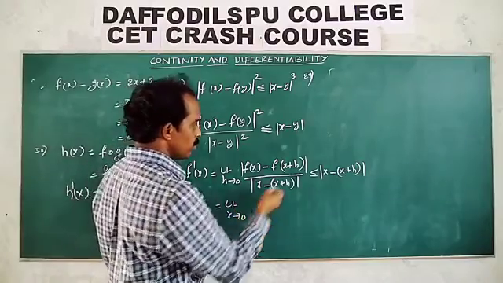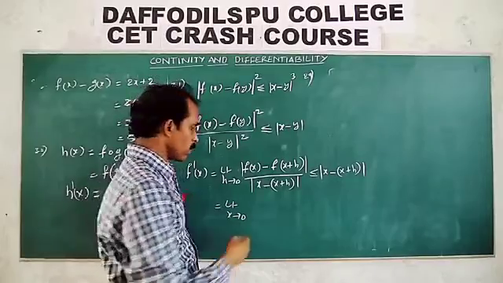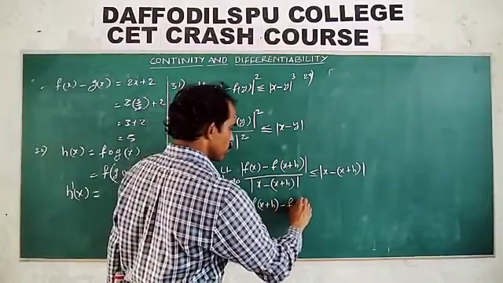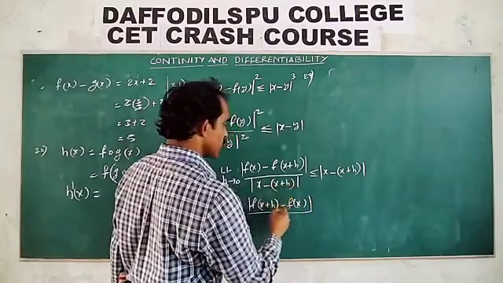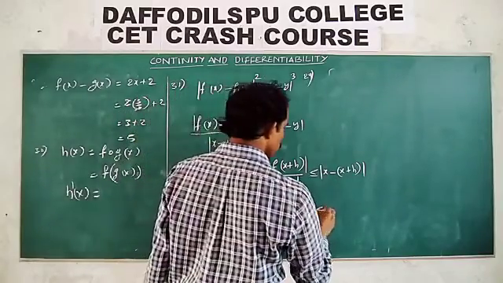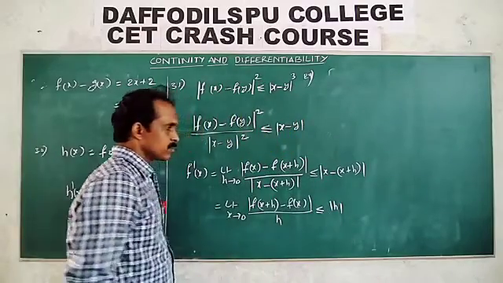Limit distance to 0. In modulus, if there is reverse, take minus common, no problem. f of x plus h minus f of x divided by x cancel, minus its modulus means that is nothing but h, less than or equal to x cancel modulus h.